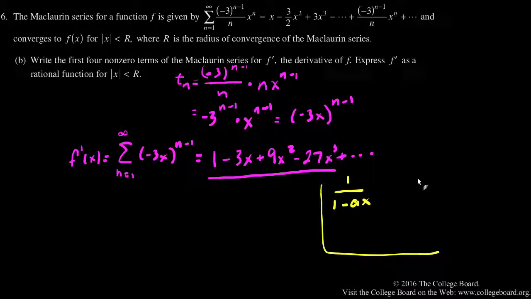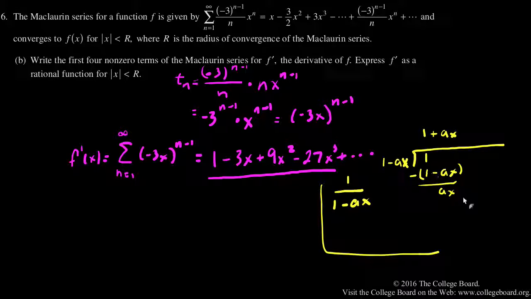If I do the long division on this, I put the 1 minus ax out here, and 1 goes into 1 one time. I multiply through 1 minus ax. I subtract that and get ax. And then 1 goes into ax, ax times. Multiply back down, I get ax minus a squared x squared, and subtract that.